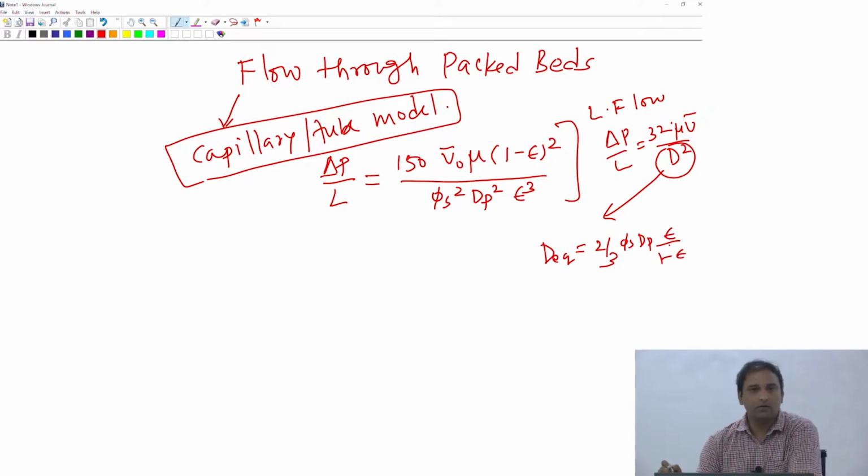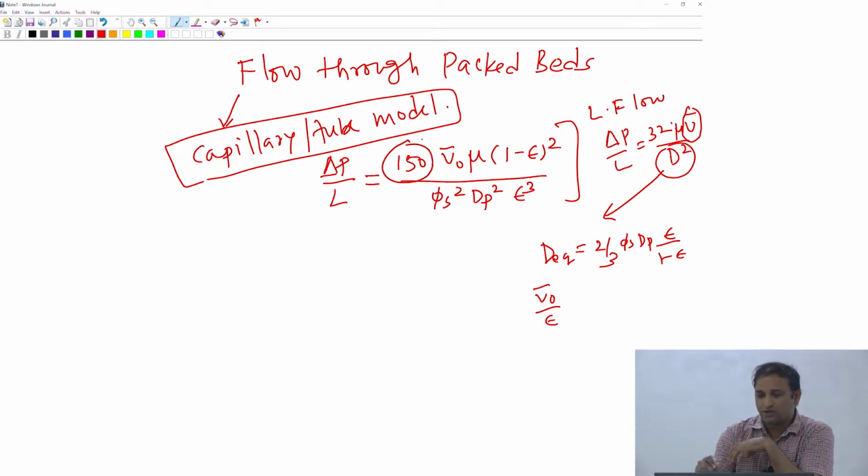And then this v bar, the average velocity with which the liquid is flowing through the conduit, we would have to replace by v naught bar divided by epsilon. That's the modification that we did. And when we worked it out, the constant here came out to be something like 72 times lambda 1.